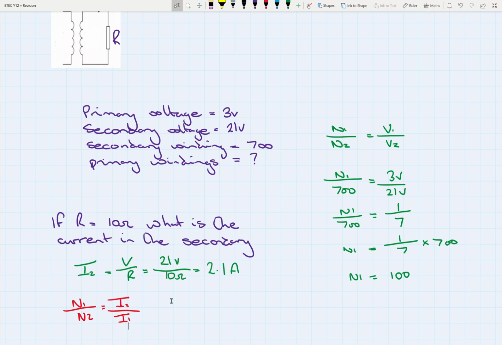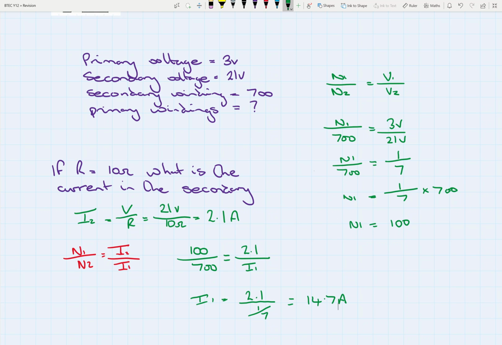Okay, so let's pop this into our formula so we can work out what the current is in our primary. I'm sure there's probably more elegant ways that I could have expressed that, but I'm just keeping it all the same. So 1/7, actually it works out to be 2.1 times 7 gives us 14.7 amps, but I'll just keep my manipulation exactly the same as I've done previously.